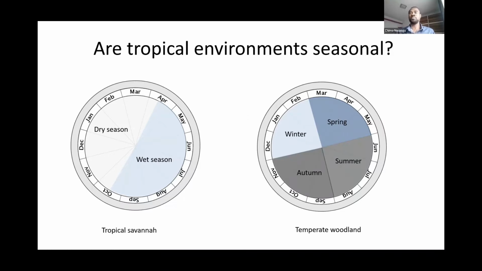So you find people making such sweeping statements, saying the tropics are stable.